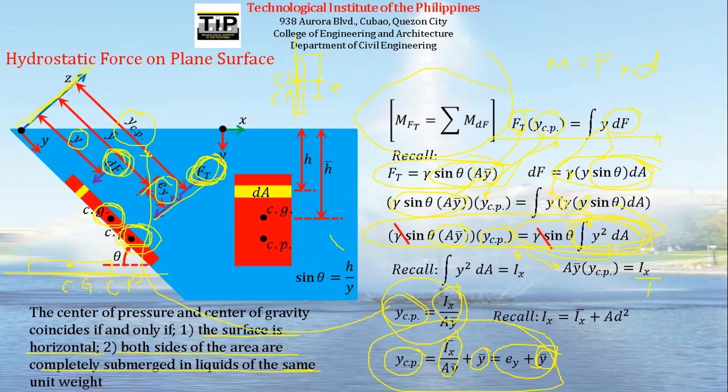Yung y bar, madali lang kunin. Diba? If this is a rectangular figure, edi divide lang yung height by 2. Makuha natin yung y bar. So, ang medyo komplikadong kunin is yung eccentricity, which again can be solved by this equation. Okay? So, I sub x over A times y bar.